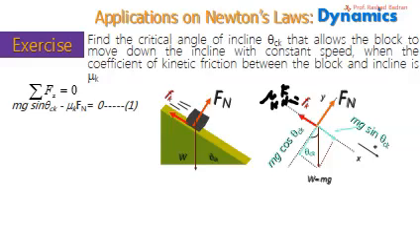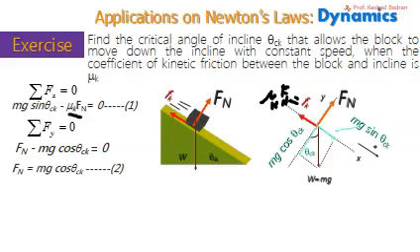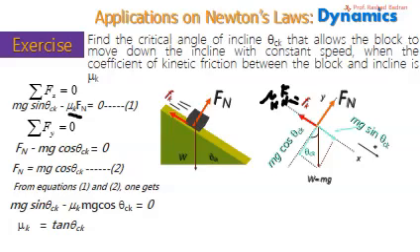So we put that in here, and then we take the second equation along the y-axis, the resultant force equal to 0 because of course there is no motion along the y-axis. And here we have Fn equals mg cosine theta. We solve the two equations in order to get theta c sub k, and theta c sub k is nothing more than tan inverse mu sub k.